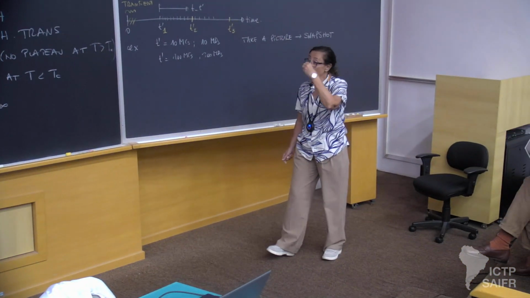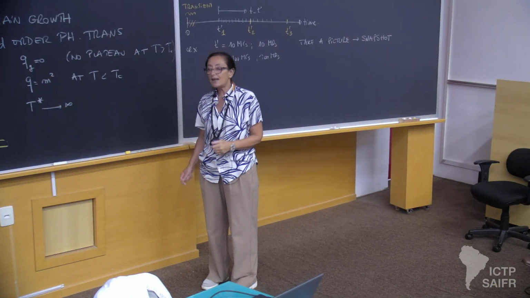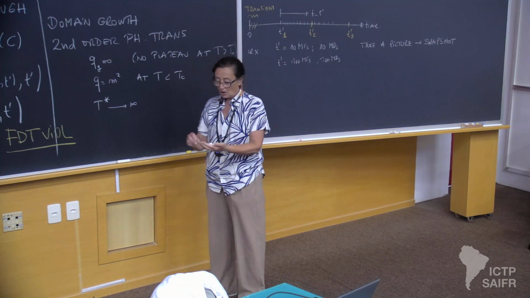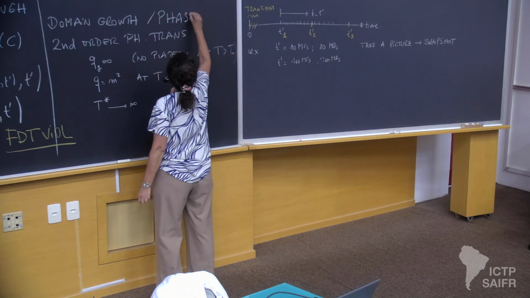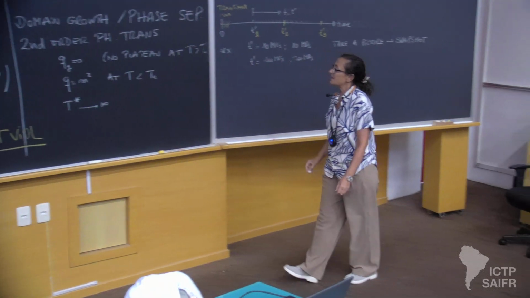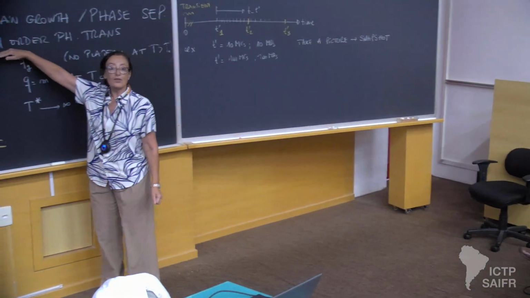But there are other problems where this phenomenology up to a certain point is realized, which are the problems that undergo domain growth or phase separation, which are of a similar kind. So those problems typically have second-order phase transitions.